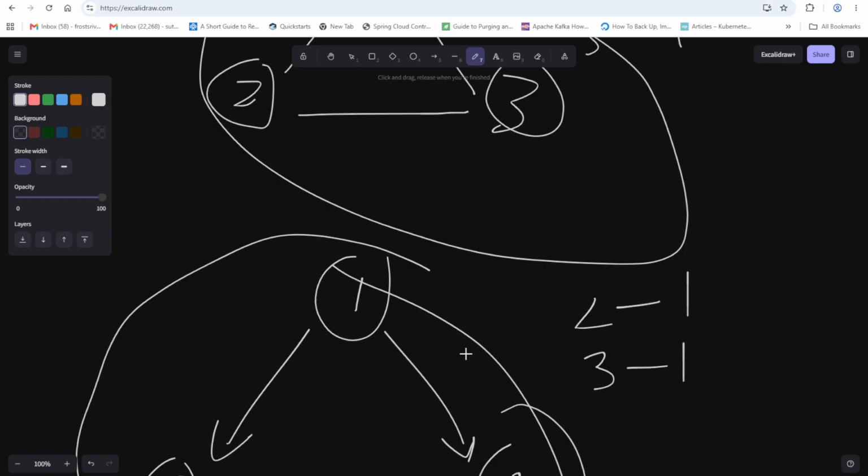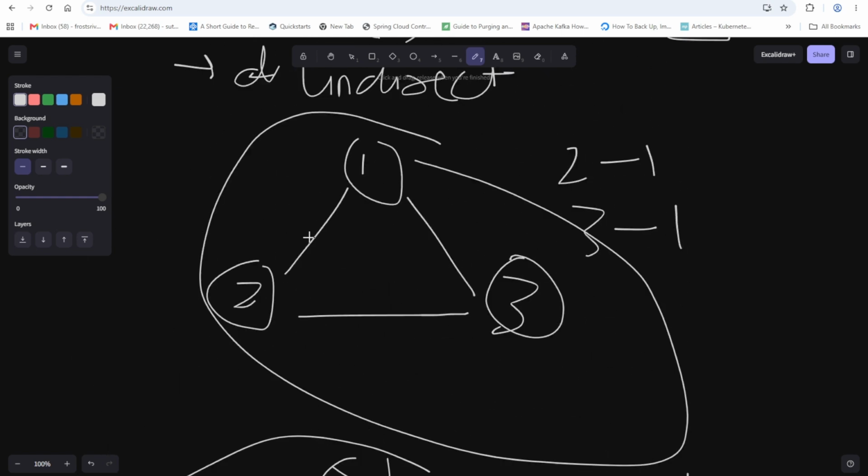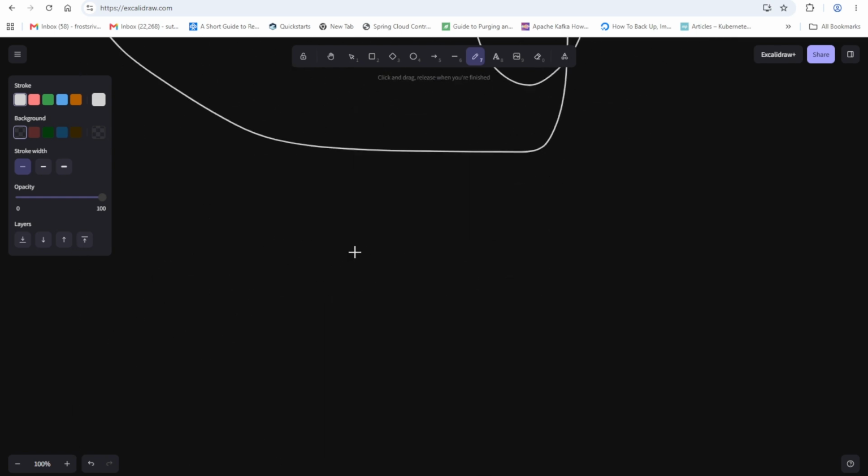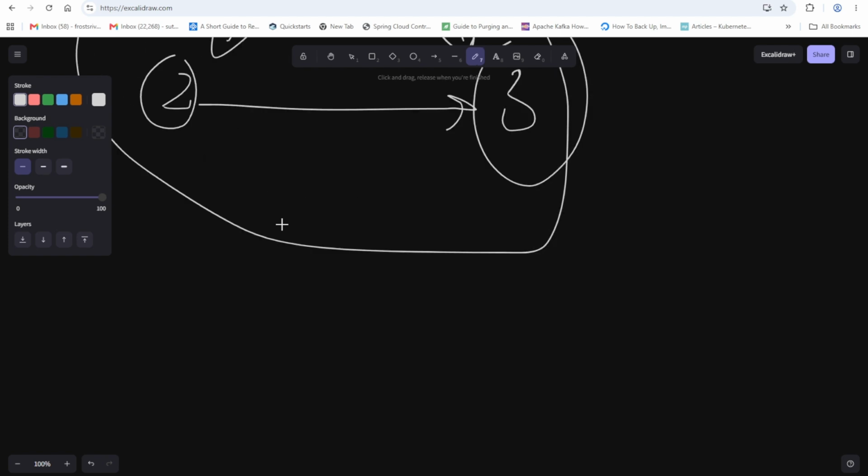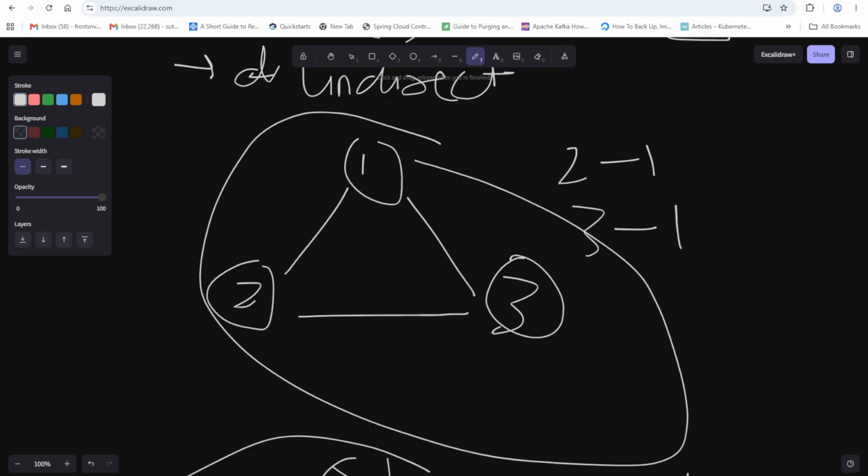So in a directed graph, if the ultimate parents are the same, we can't deduce whether a cycle is present or not, or whether they belong to the same component.